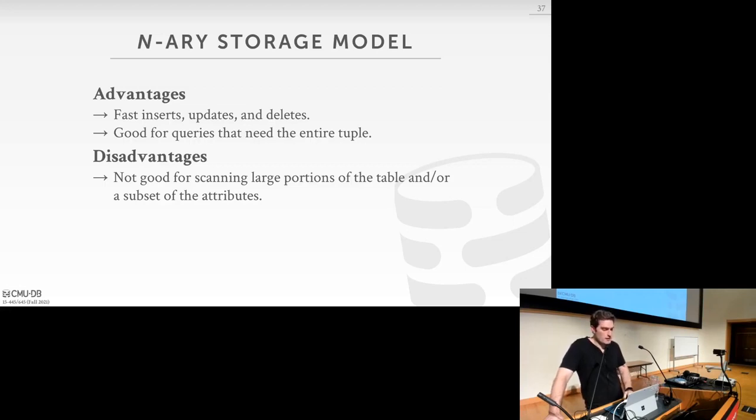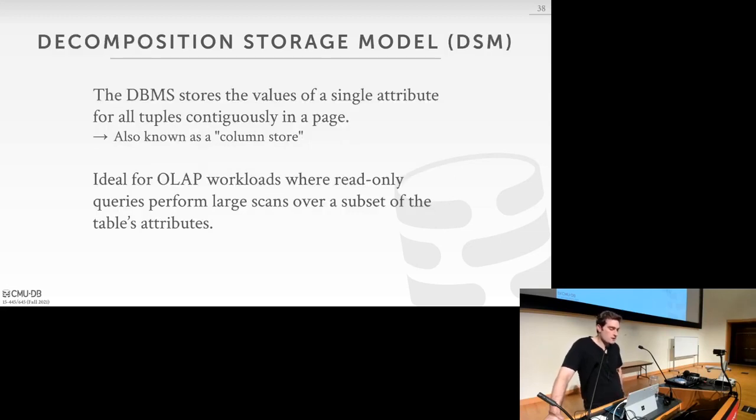So the alternative approach to this NSM storage model that we can take is what's called the decomposition storage model, or DSM. And basically what we're going to do is the DBMS is going to store the values of a single attribute for all tuples contiguously in a page.